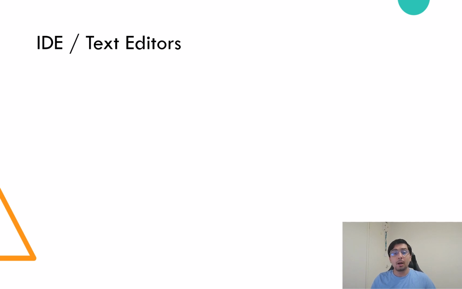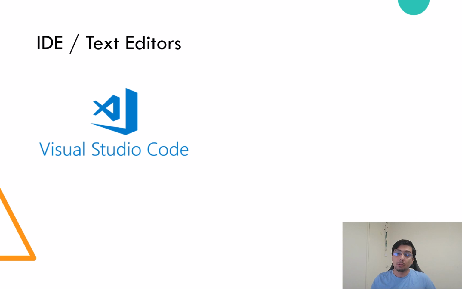One of the most popular choices among developers, including myself, is Visual Studio Code, or simply VSCode. It's a powerful and highly customizable source code editor developed by Microsoft. The best part, it's free and available on multiple platforms.